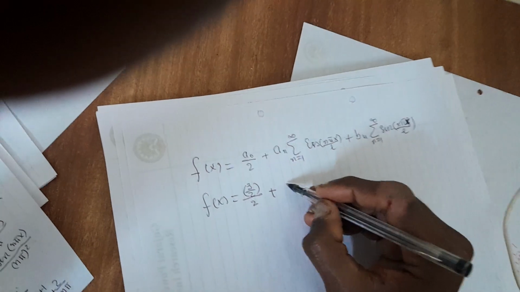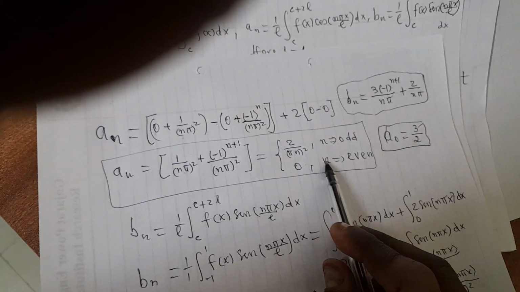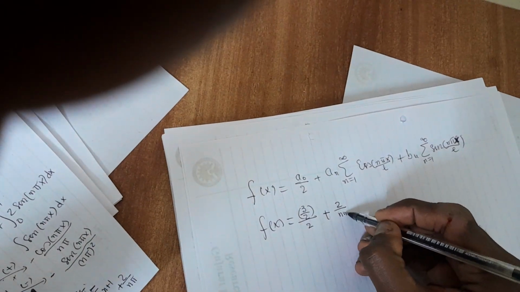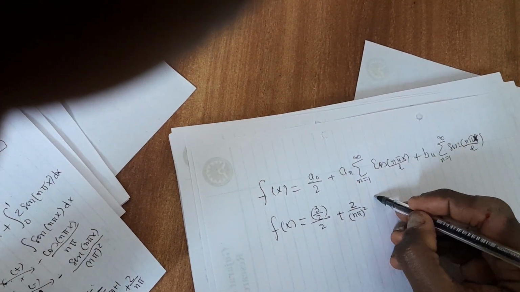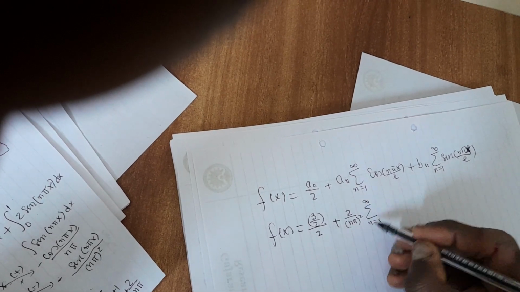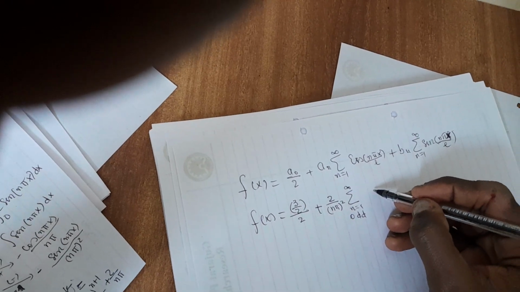Plus An. What is An? We said that there is no An when n is even, okay? So I will write down here. An will be 2 upon n pi square, n goes from 1 to infinity, but only when this n is odd.